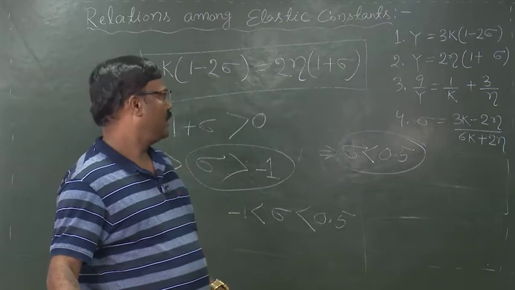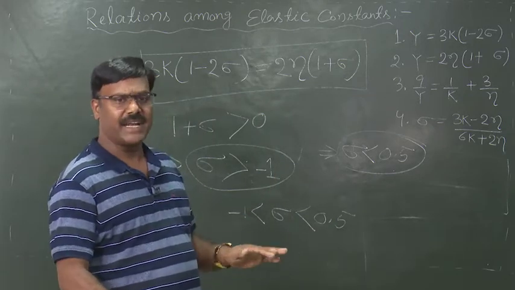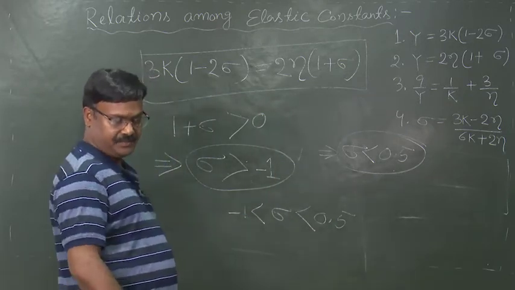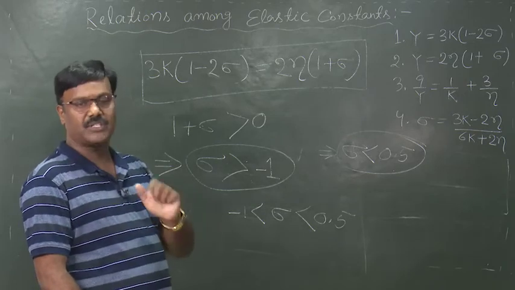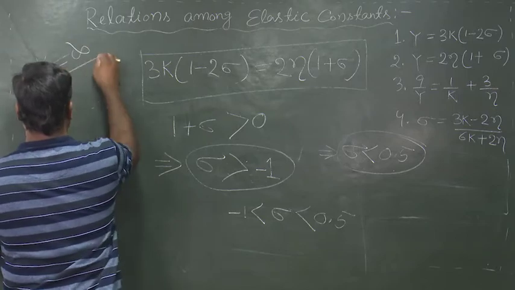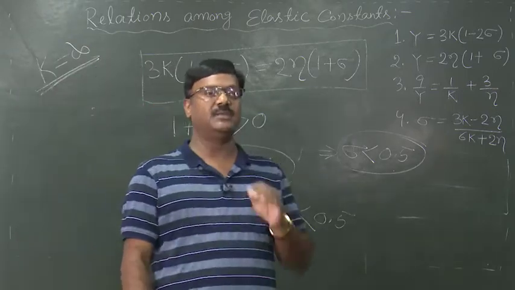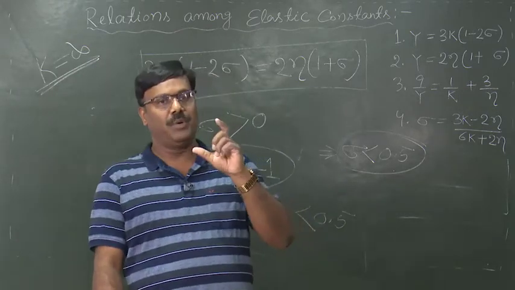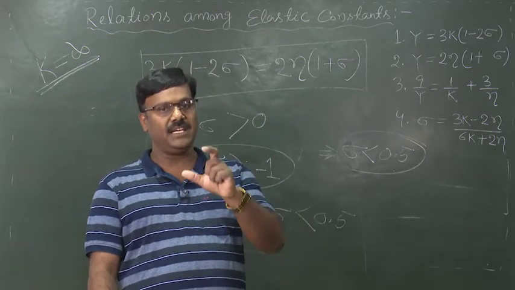But most of the time it is practically seen that for an incompressible substance, K is equal to infinity. For an incompressible substance, the bulk modulus of elasticity is infinity.